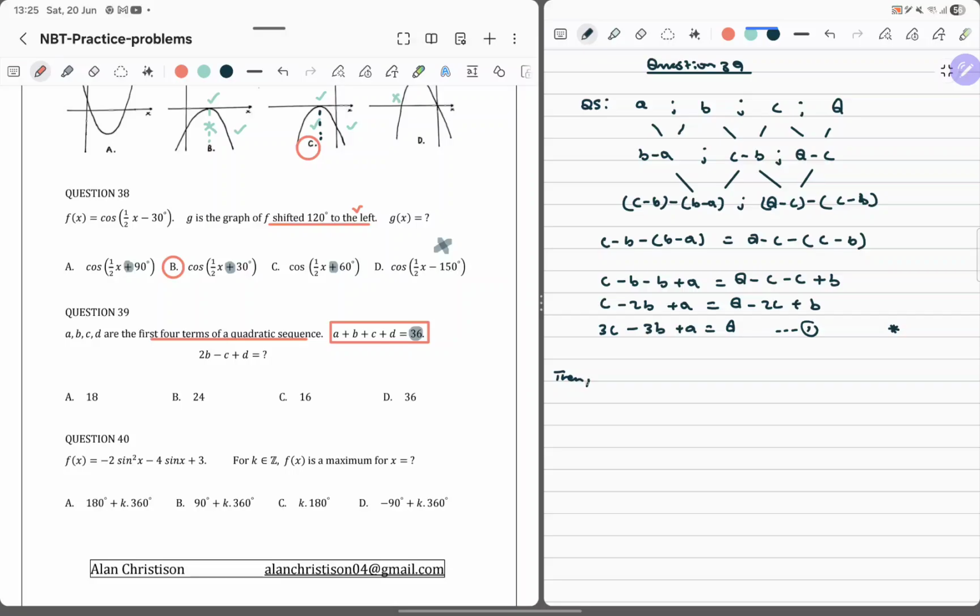We can say then 2B minus C plus D is equal to. Now let's have a look here.